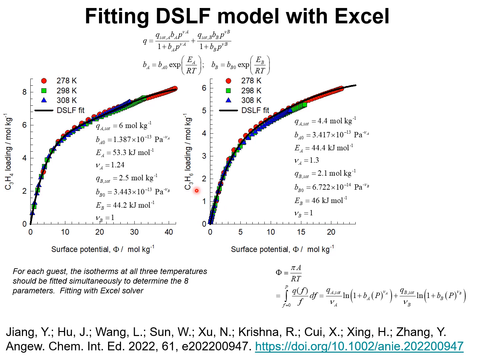Also look at propene. We see that saturation capacity fitted is 4.4 and 2.1. If you add them together, we have 6.5. That's about correct. So we get realistic values because, in using the Excel solver, we can ensure that the fitted parameter values are realistic.